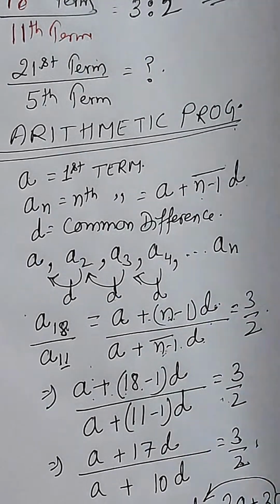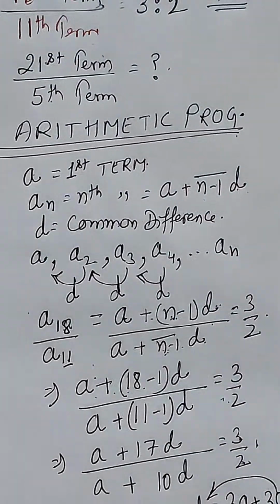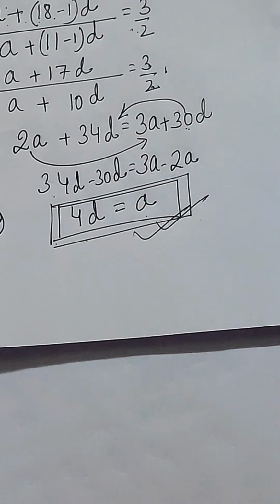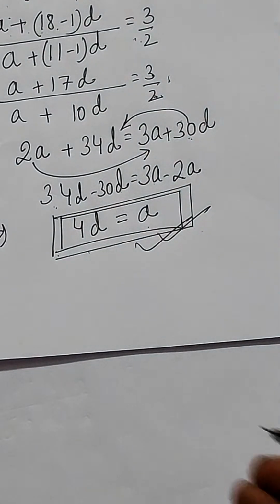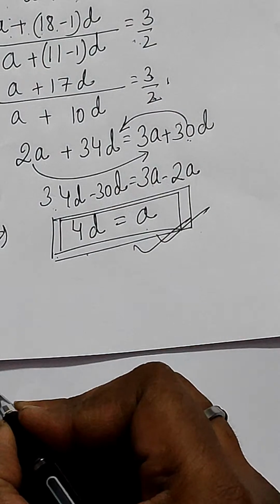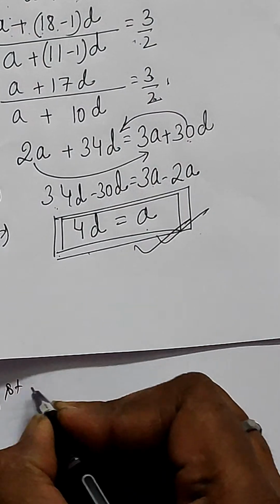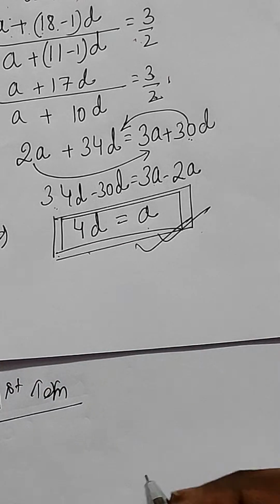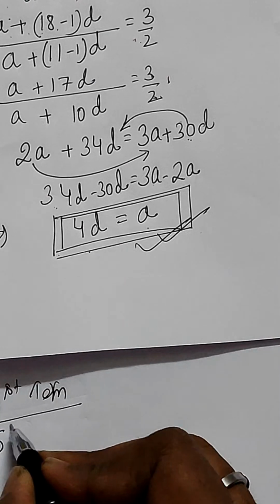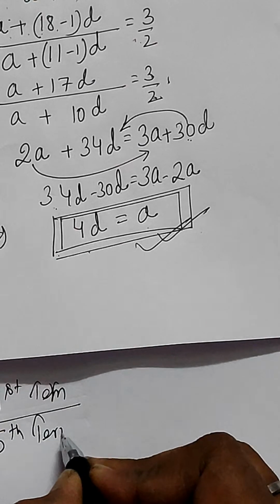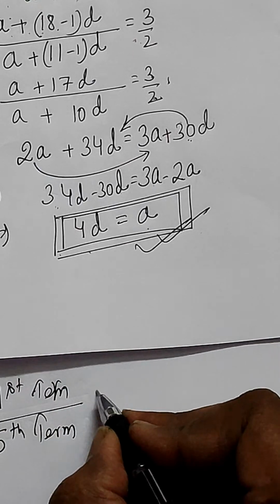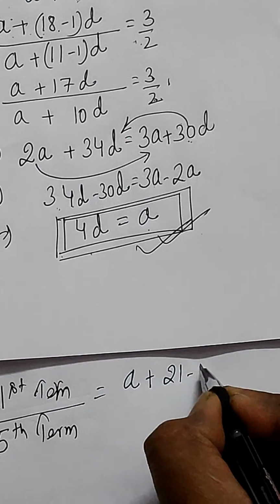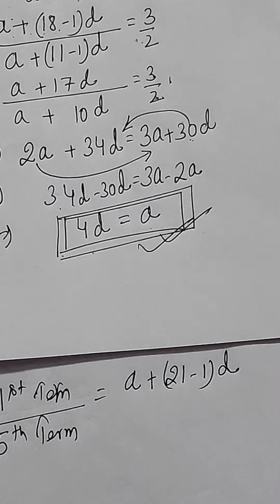The next step, we are very close to our answer. So we have been asked the ratio of the 21st term of that AP divided by the 5th term. What is the formula of the 21st term? This will be a plus 21 minus 1 into d, right?